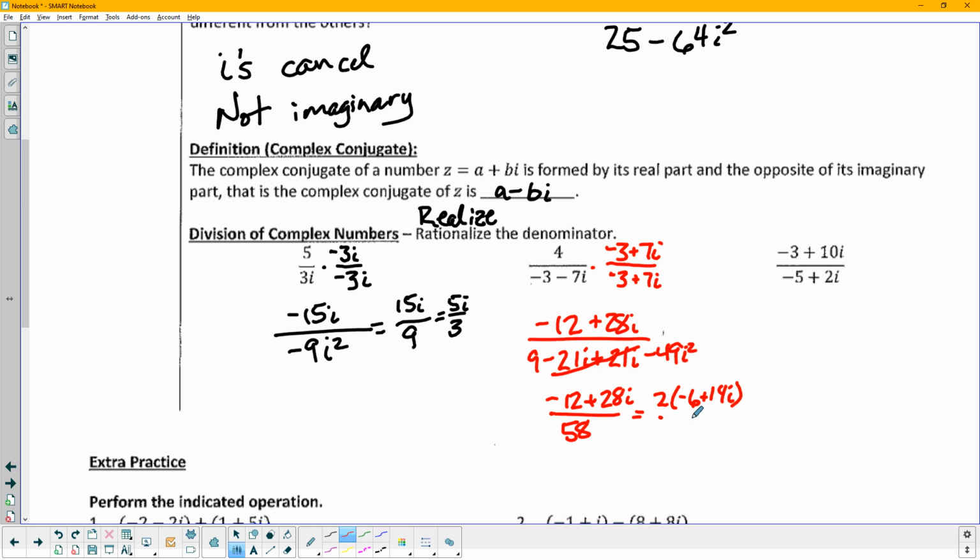And then down here, if I divide my 58 by 2, I get 29. And now my 2's will cancel, and that is about the best I can do. So I have -6 plus 14i over 29.